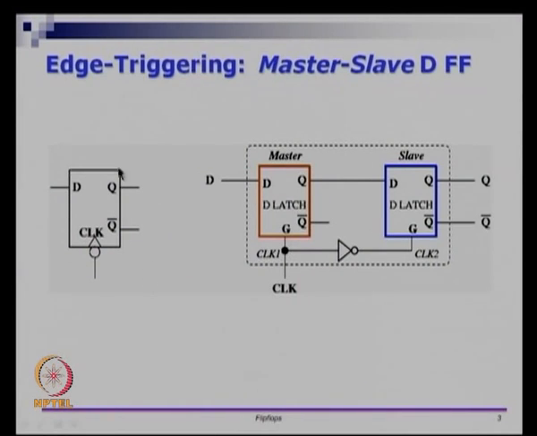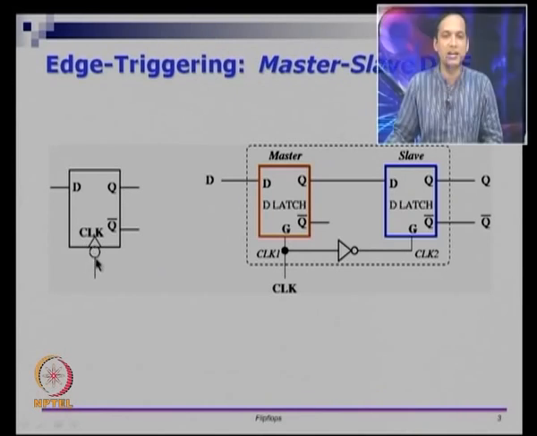The symbol for a flip flop is usually drawn as a rectangle like this, with a D input, and there is Q and Q bar, and in the latch we actually had just a single line coming in and we called it CLK. Now, we also have a small triangle here. Forget the bubble for a while.